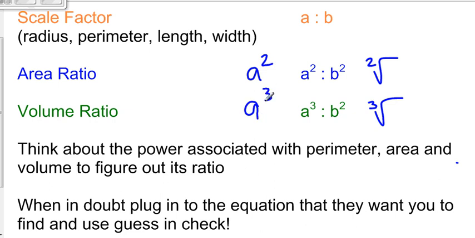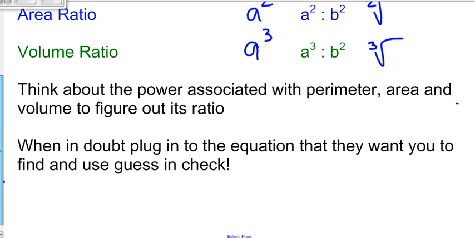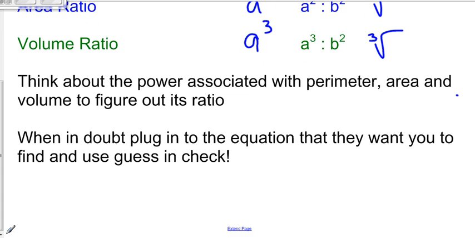Now, sometimes they ask us what happens if we triple or double something. That's when you're going to just plug things into an equation and see what happens. So say that we wonder what's going to happen to the volume of a sphere, and we've tripled the radius.